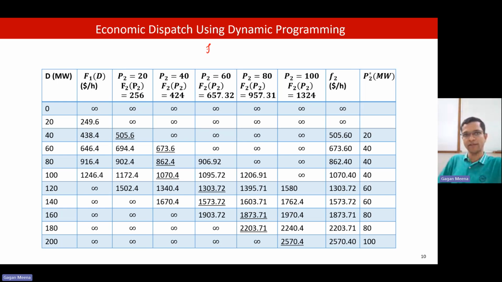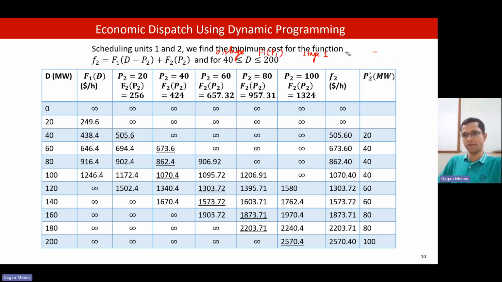So for stage 1, not stage 1, if this is stage 0, then cost is F1 of P1. For stage 1, cost is D minus P2.